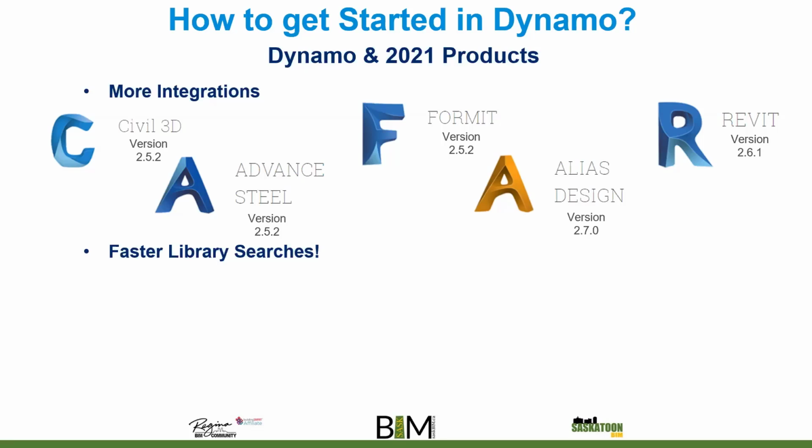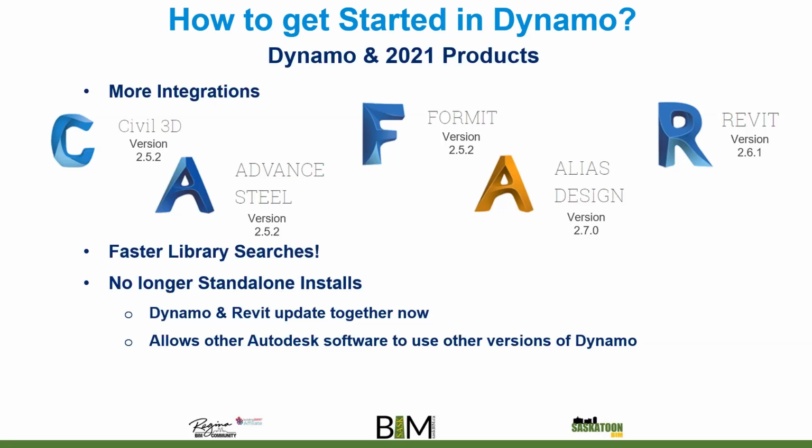If you have used it in the past, since 2020, in fact, the library's got much better, but I have a package that even improves that. They're no longer standalone. So as I said, with 2020, they come installed. Every time you get that little update that says Revit 2020.1 update is out, that's the only time they can update Dynamo. And of course, Dynamo Studio is gone. It's now called Dynamo Core Runtime. Everyone just calls it the sandbox.